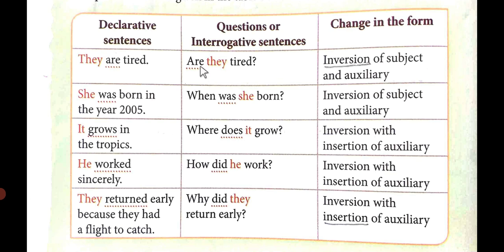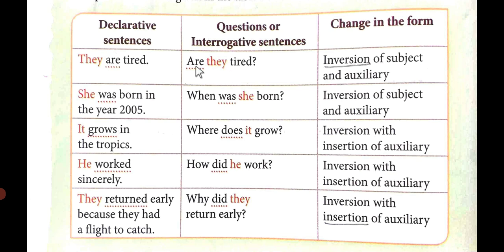Here you can see. And declarative sentences are the sentences that make statement or some kind of observation. That means to give information or to make assertion. So, inversion of subject and auxiliary has been changed in this sentence.